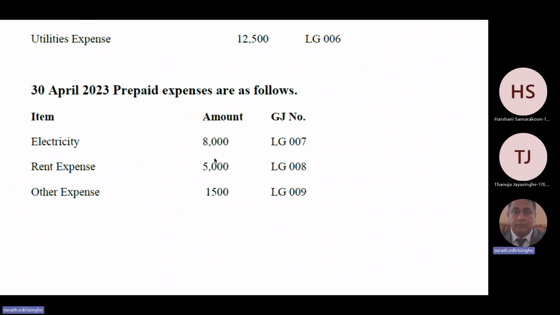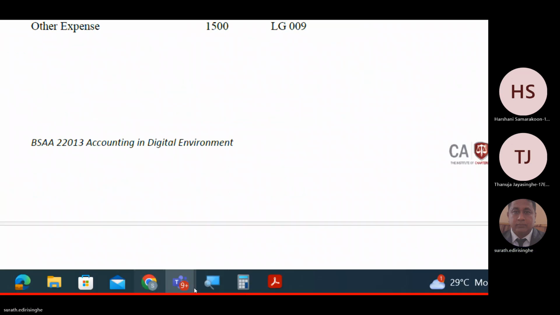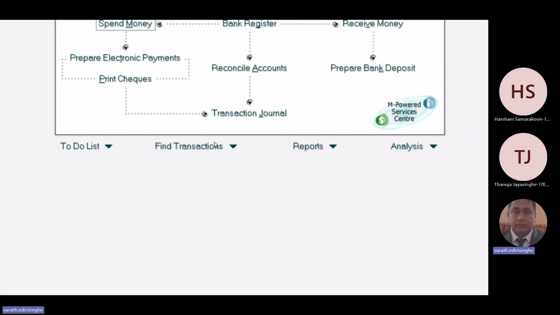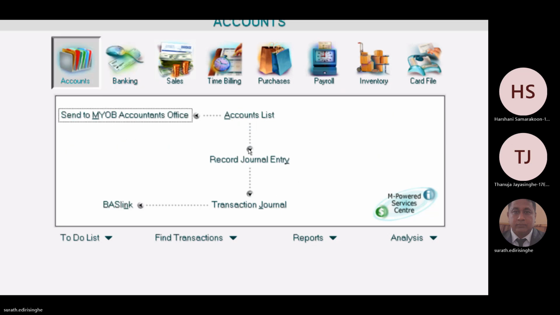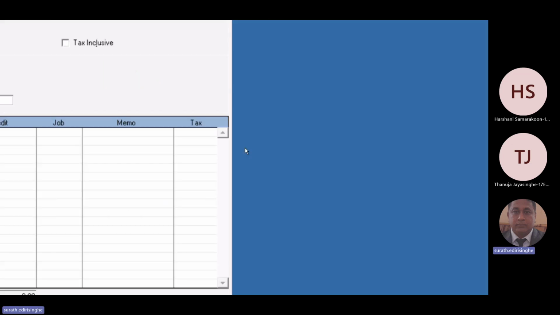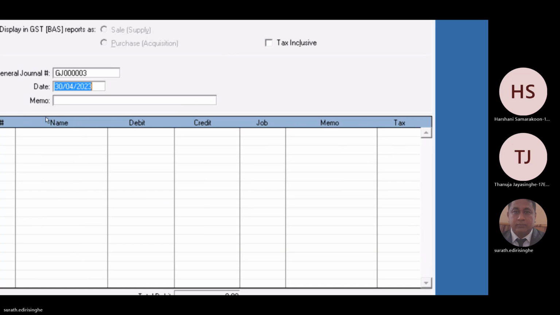We'll record an electricity payment of 8,000. In your accounts system, go to the record journal entry section. Our system automatically creates the journal entry.